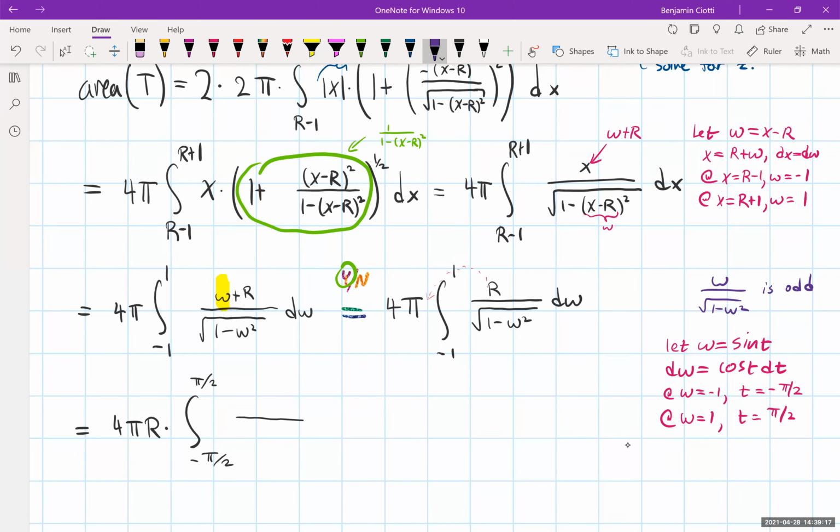With this substitution, the denominator becomes cosine of t. So I'll get a cosine of t, and dw is cos t dt. Cosines cancel.